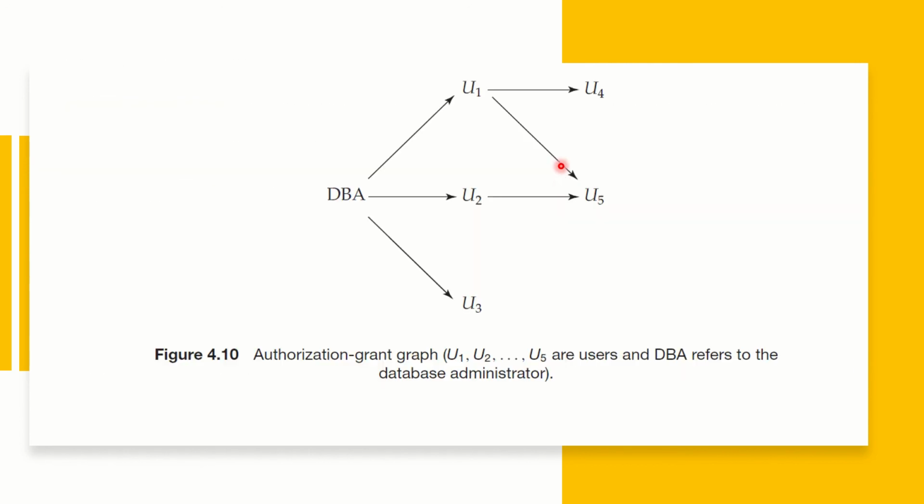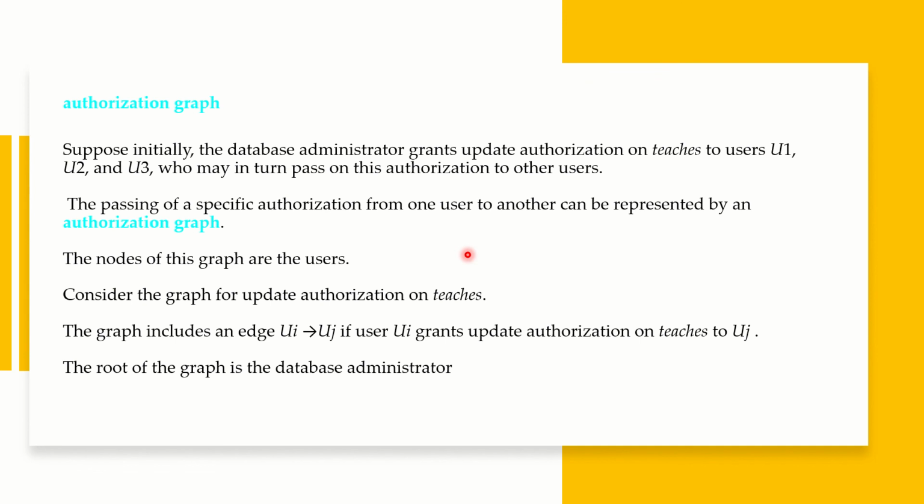That means U1 has been given the right to pass, and U1 has passed his authorization to U4 and U5. U2 has passed his authorization to U5. This transferring of privileges can be represented by a graph which is called the authorization graph. So this is the authorization graph for update authorization on the teacher's relation.